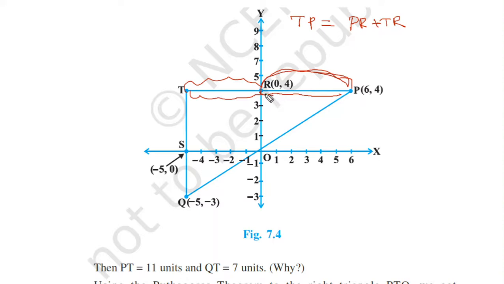To find the length of PR you can draw a dotted perpendicular, so that this length is 6, therefore this will be 6. That means the x coordinate. So PR is 6 plus TR is 1, 2, 3, 4, 5. Okay, so therefore it will be 11 unit.